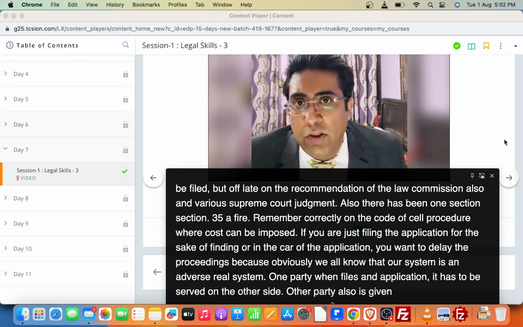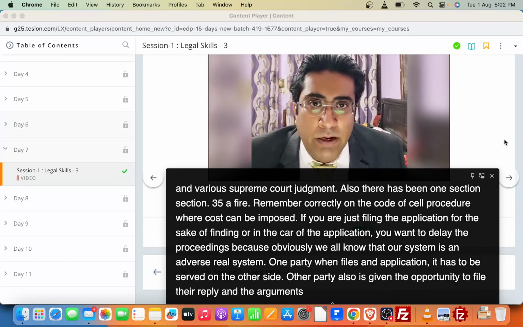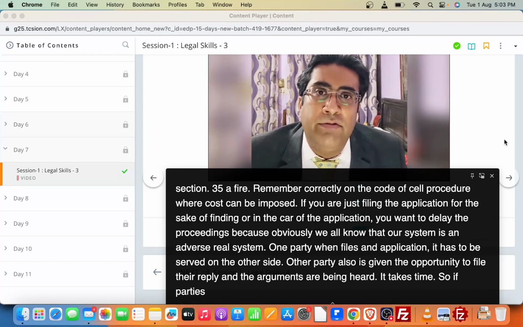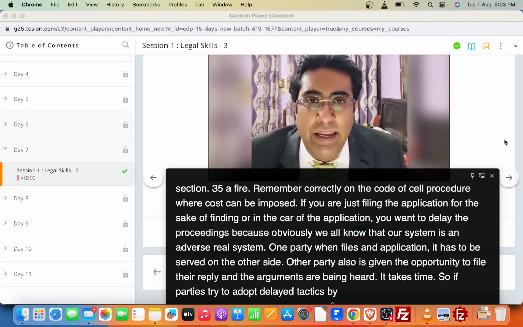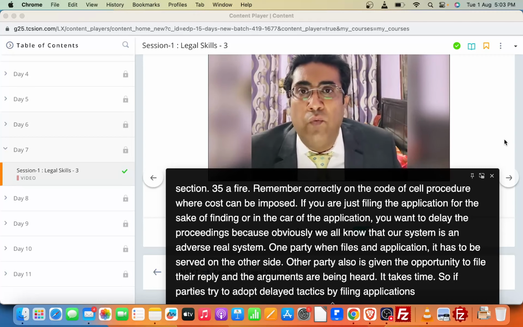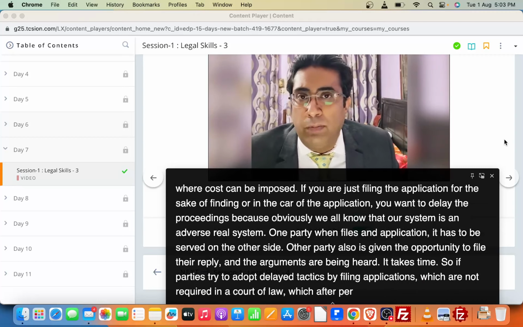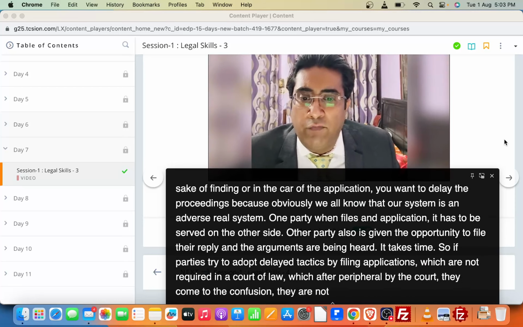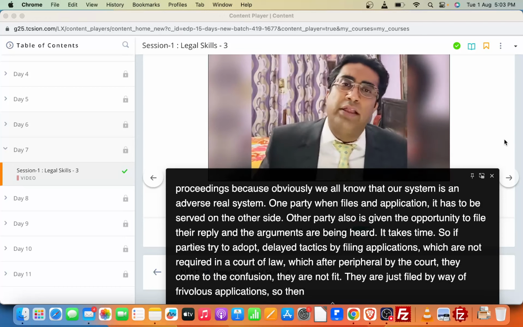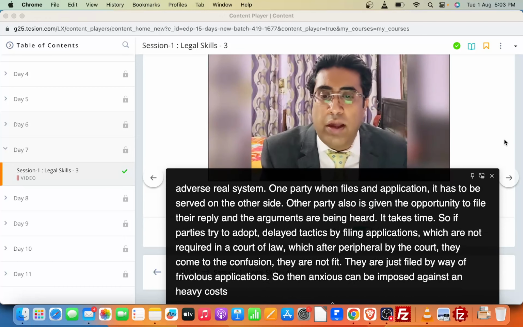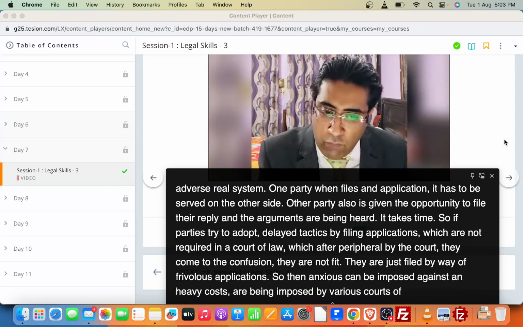The other party is also given the opportunity to file their reply, and the arguments are heard. It takes time. So if parties try to adopt delay tactics by filing applications which are not required in a court of law, which after perusal by the court they conclude are not fit and are just frivolous applications, then sanctions can be imposed, and heavy costs are being imposed by various courts of law.